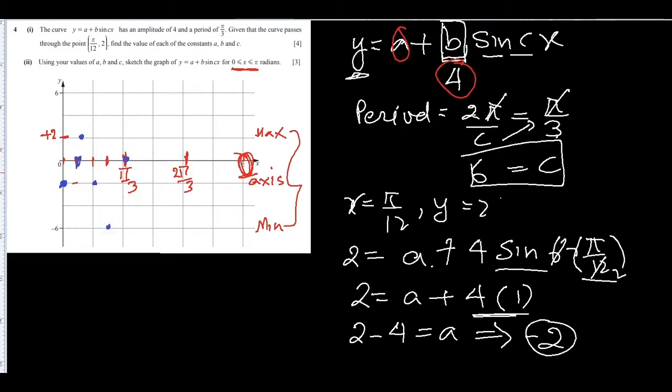Sorry, the axis is not here, the axis is down there. Let me complete one cycle. This is one cycle. And we'll repeat the same in the second cycle also. Okay, and third. And that's done. This is the graph of a plus b sine cx from 0 to pi.